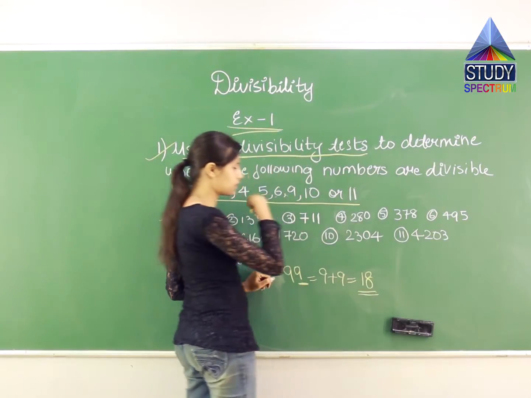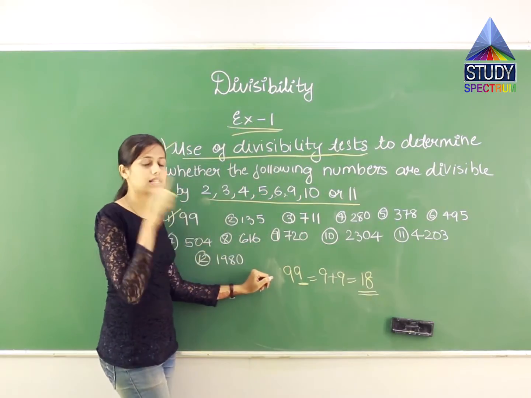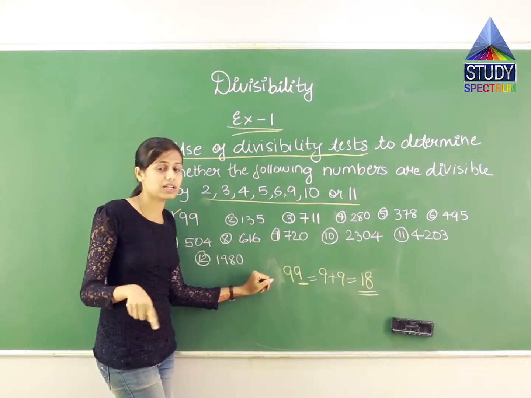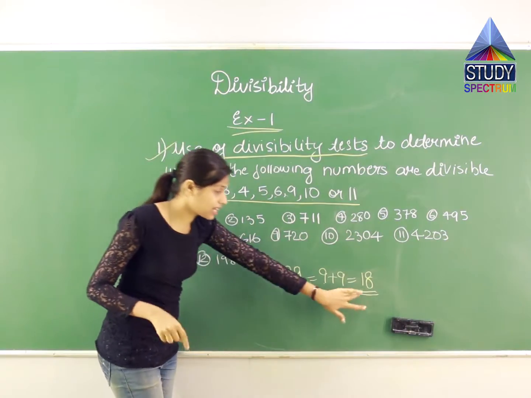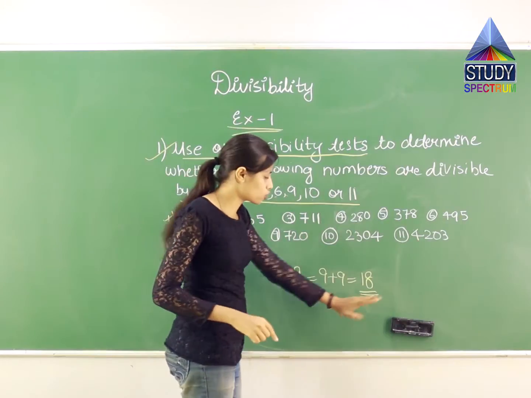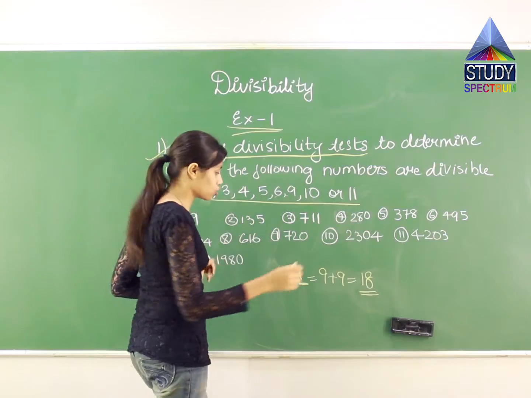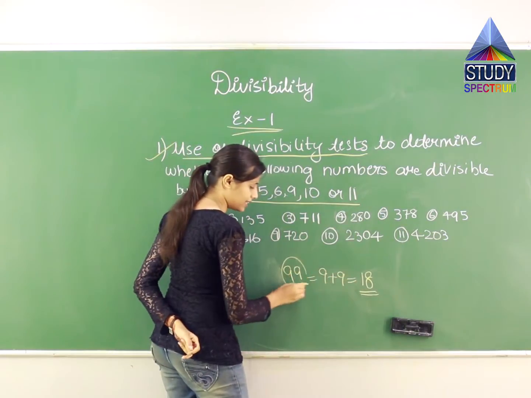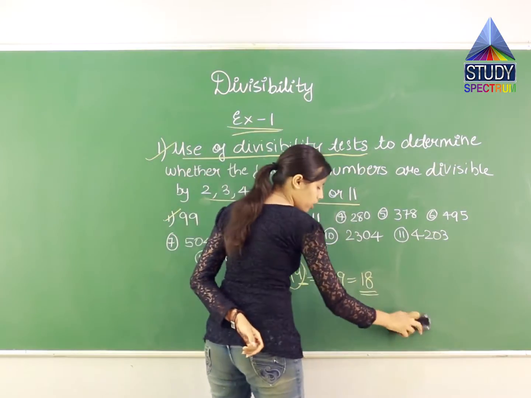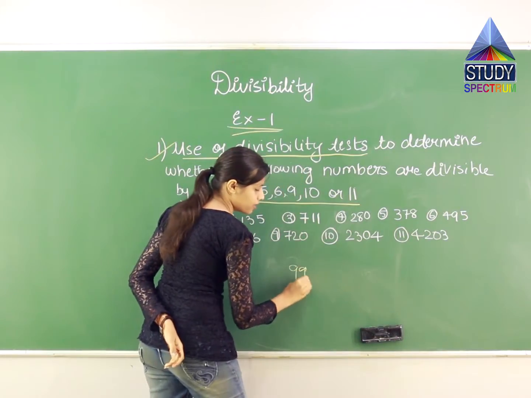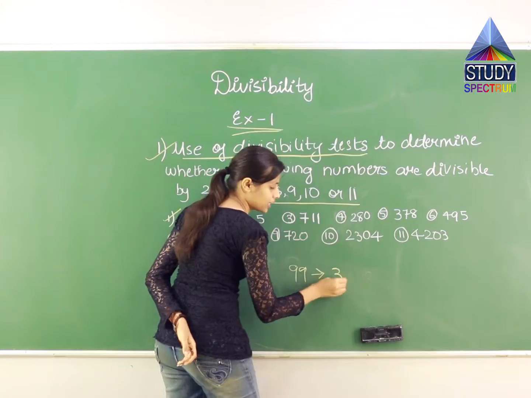Is 18 divisible by 3? 3 ones are 3, 3 twos are 6, 3 threes are 9, 3 fours are 12, 3 fives are 15, 3 sixes are 18. So I get 18 in the table of 3, means 18 is divisible by 3. So I can say that this 99 is divisible by what? It is divisible by 3. So 99 is divisible by 3.